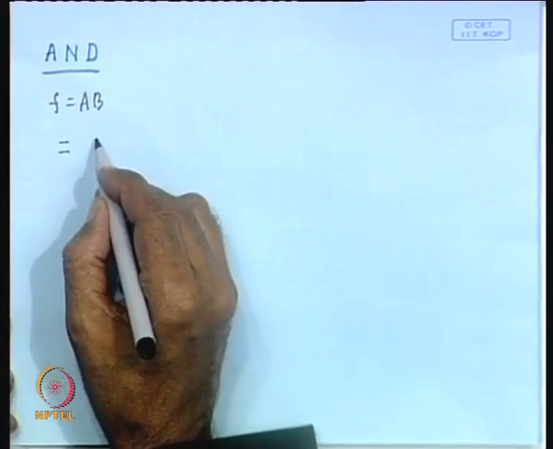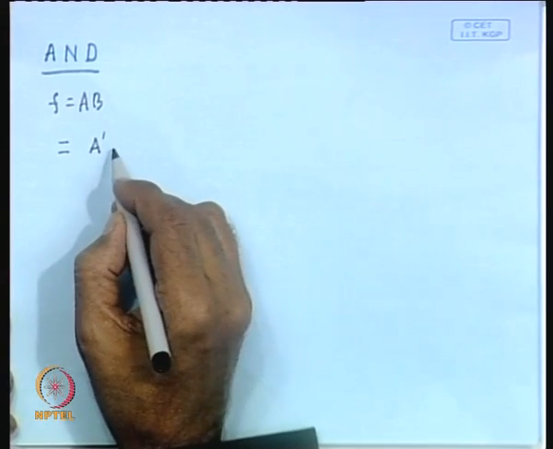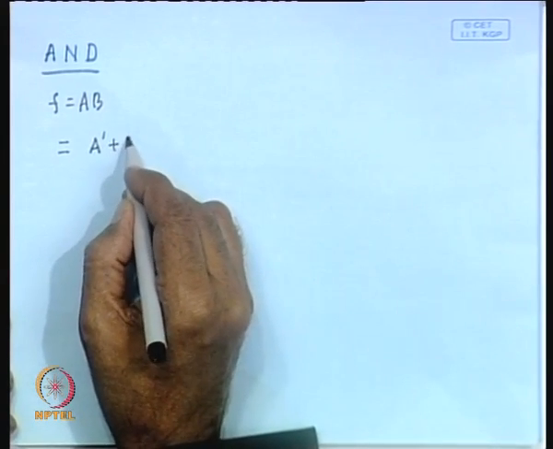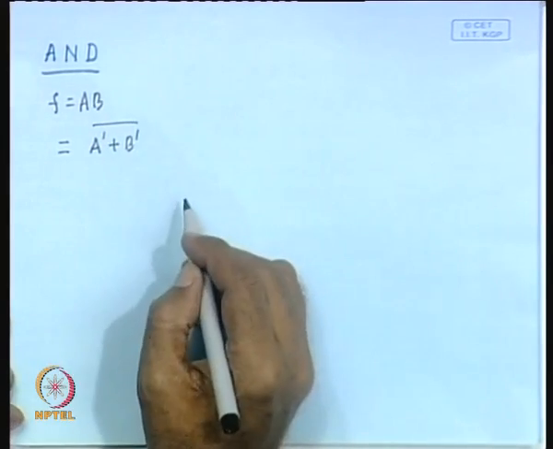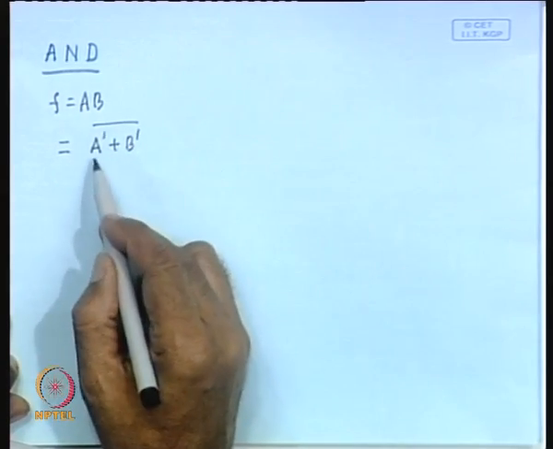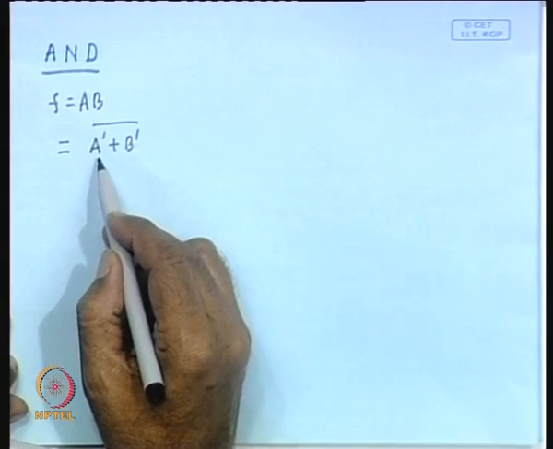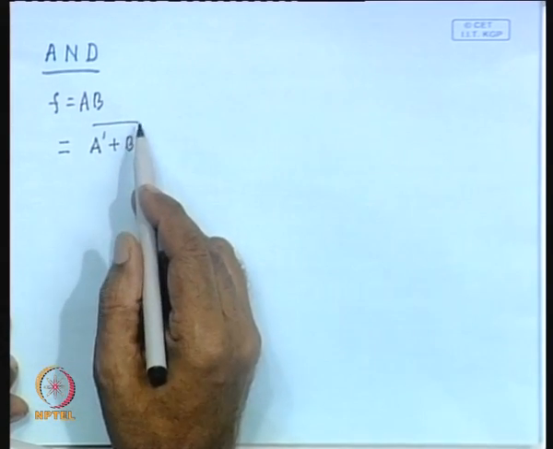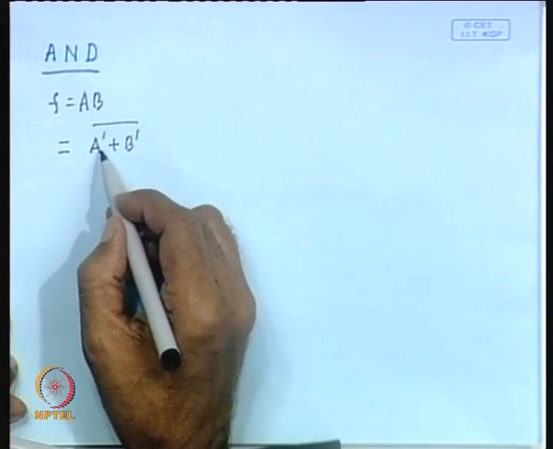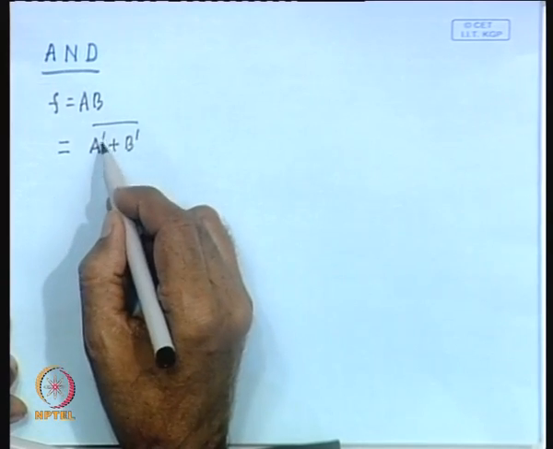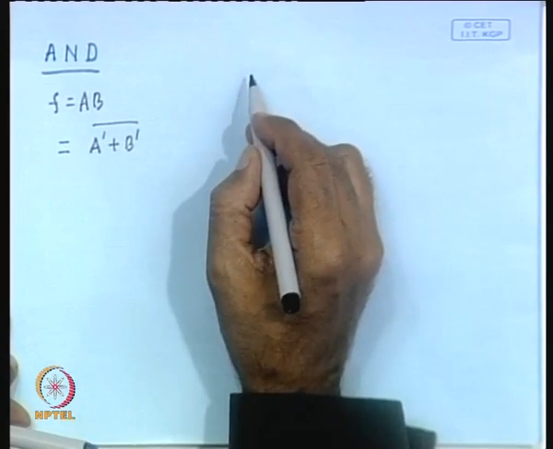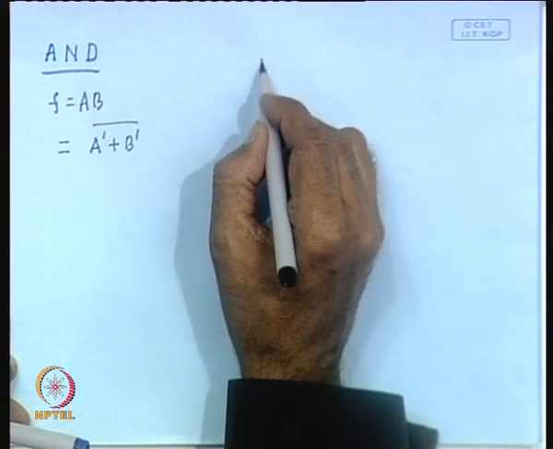For example, you can represent it in this way, a dash plus b dash bar. So, now this function can be realized. Now you can see the inputs are in complemented form. That means, you can realize an AND gate in this way.